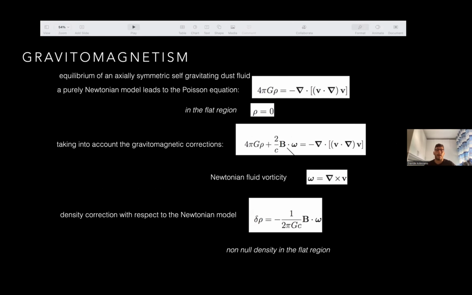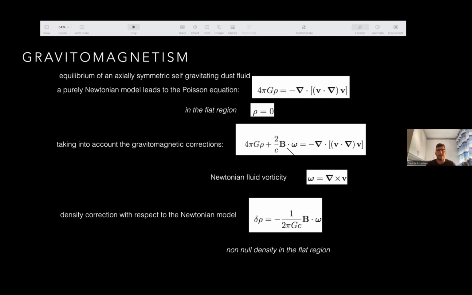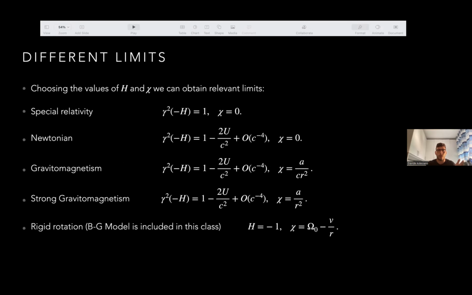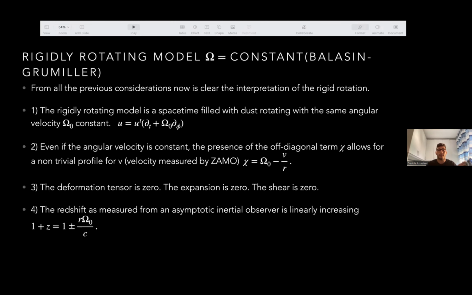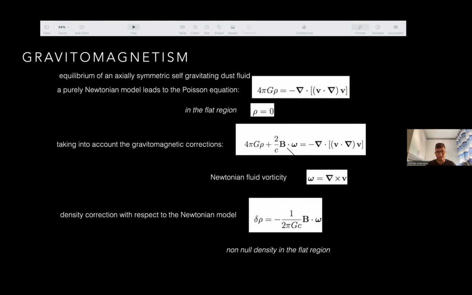If we study the equilibrium of an axially symmetric self-gravitational dust fluid, we get this equation. So if you take this metric, put it inside the Einstein equation, you get the solution. Or the other way around, you can take the general solution, put it inside this choice, and you get the same equation. It's totally the same thing.